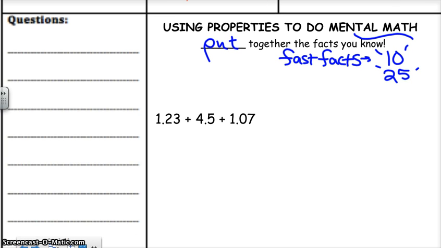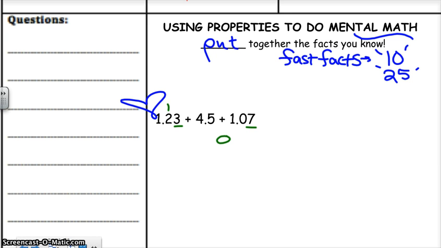So when I look at this first example, I'm looking at that ending digit. If I'm finding the sum and I want to use mental math, I'm trying to see, can I add anything together that will create a 10? I see the 3 and 7 would create a 10. Commutative property says that I can switch them around. Okay? So I know then that this would turn into a 10.